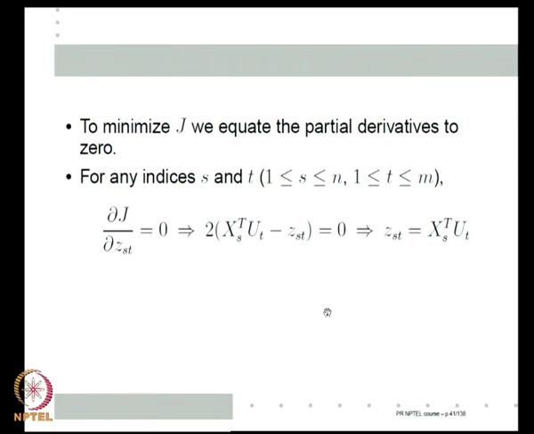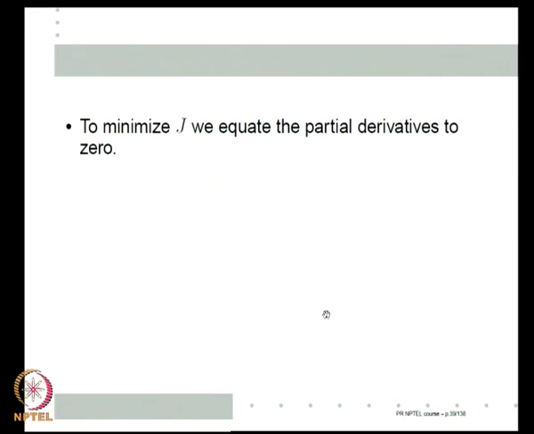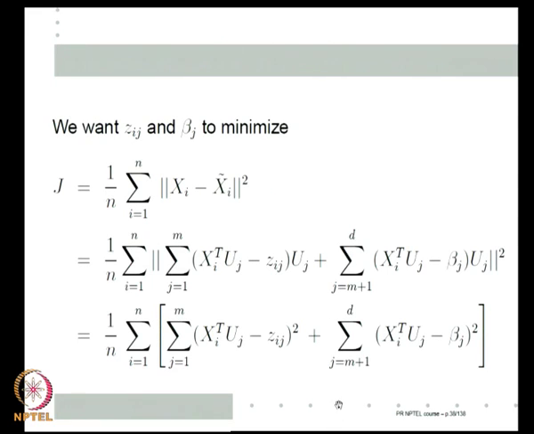Okay. What about beta? If I want to differentiate with respect to a particular beta t, that happens when j takes the value t. So, the derivative with respect to beta t will be 1 by n summation i is equal to 1 to n, derivative of this with respect to beta t, that happens only when j is equal to t, and the other term does not have any betas.